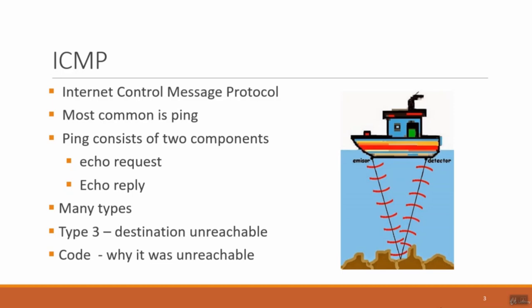One of the most common ones that we will encounter is type 3 destination unreachable code 3. This means the reason it's unreachable is the port is unreachable. We also have type 3 code 13. Code 13 means the packet is administratively prohibited. So as you can see, these types, and especially the code types, can assist us in troubleshooting our network.